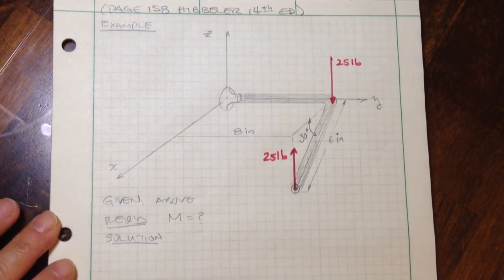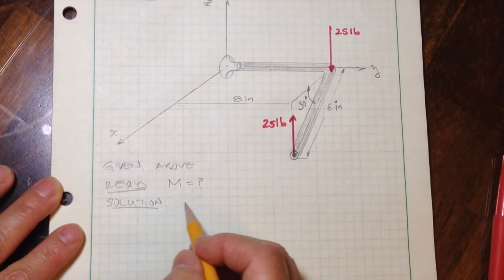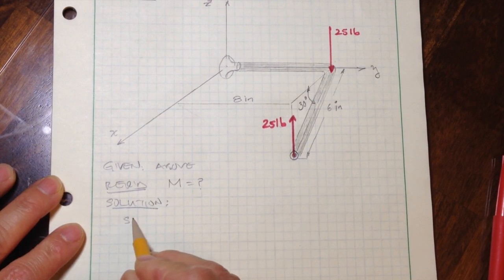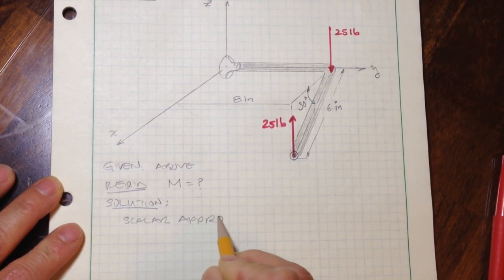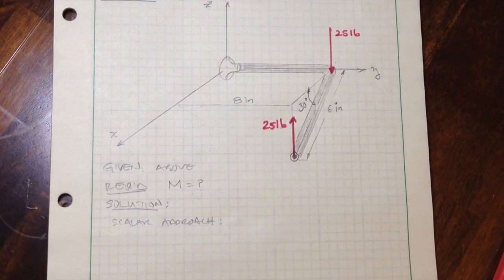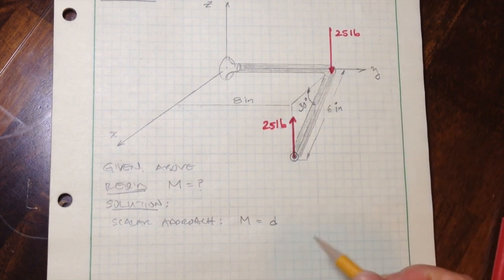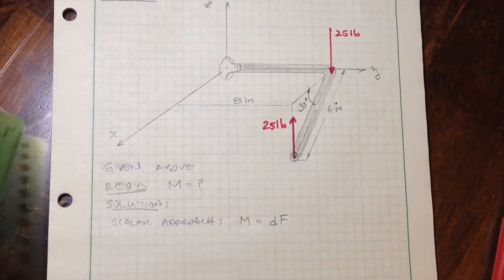So we can solve this problem several different ways. Let's do the simplest, which would be the scalar approach. And that's defined by the following equation. The couple moment is equal to d, which is the perpendicular distance between the couple, times the force.